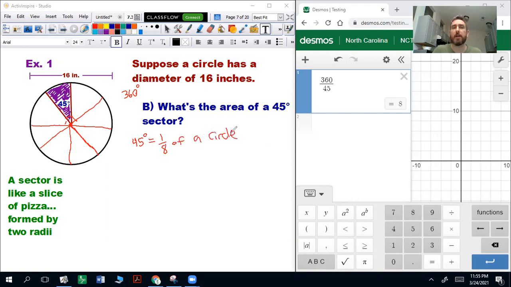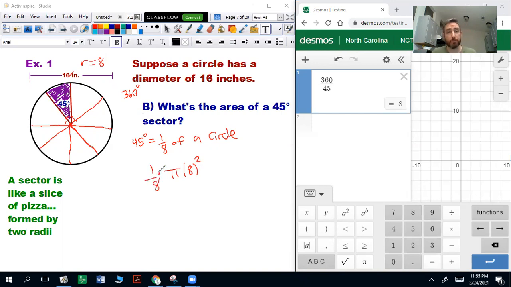So let's modify it. We have done the area of that circle is pi times the radius squared. The radius is 8, since the diameter is 16. So if I know that the area of the full circle is pi times 8 squared, then the area of just the 45-degree sector is going to be 1/8 of that.